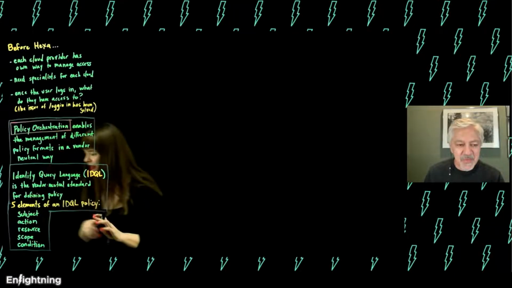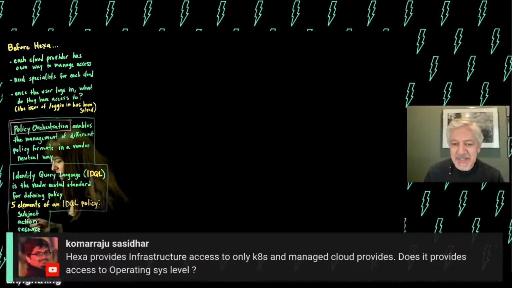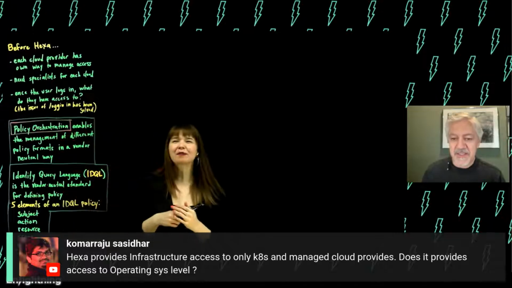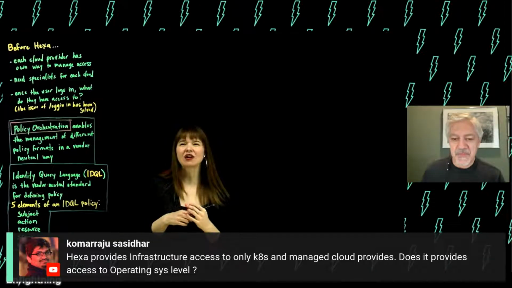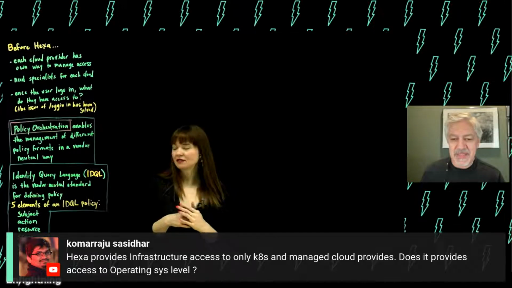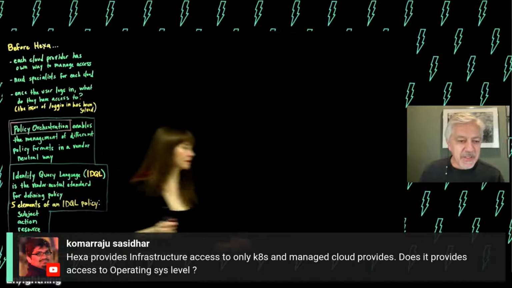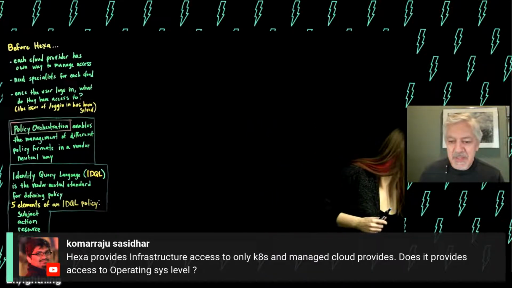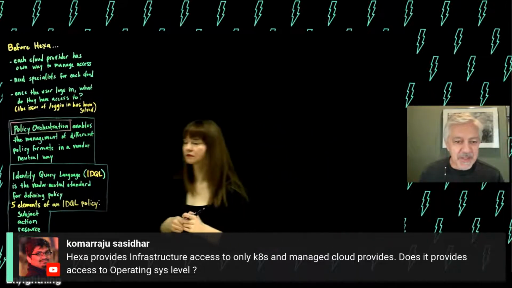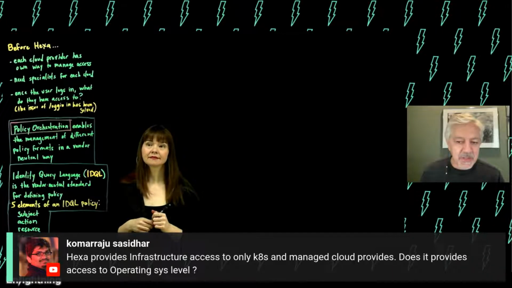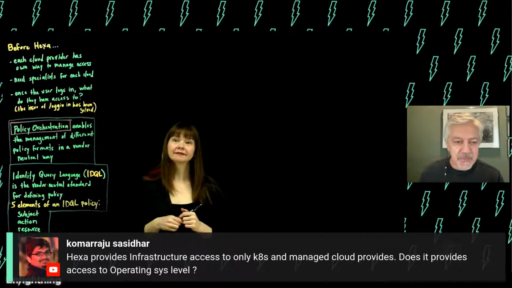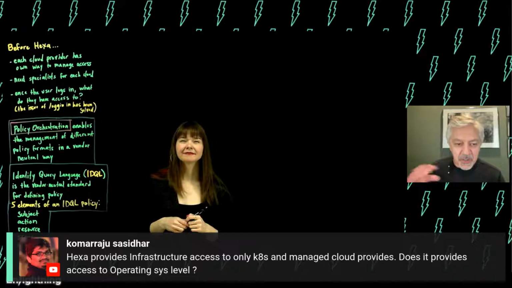Cool. So we have a question from Kormaju. Hexa provides infrastructure access to only Kubernetes and managed cloud providers. Does it provide access at the operating system level? So we do not do the operating system level, but we do go beyond just K8s or those kind of infrastructure layers.